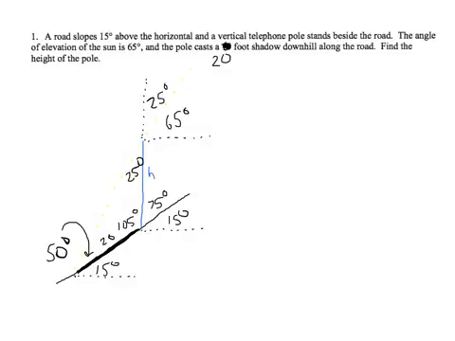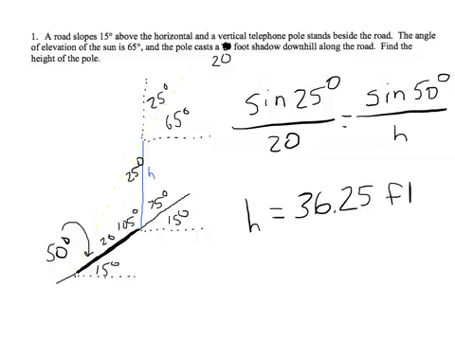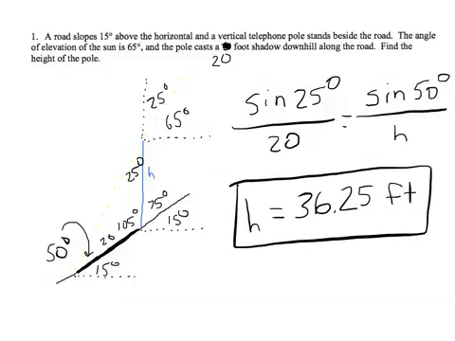So I'm going to set up sine of 25 degrees over 20 equals sine of 50 over h, cross multiply and divide, and I get h equals 36.25 feet. And we are done with this lesson.